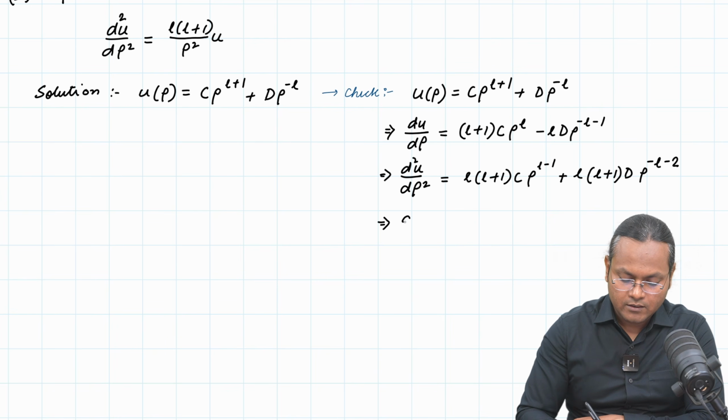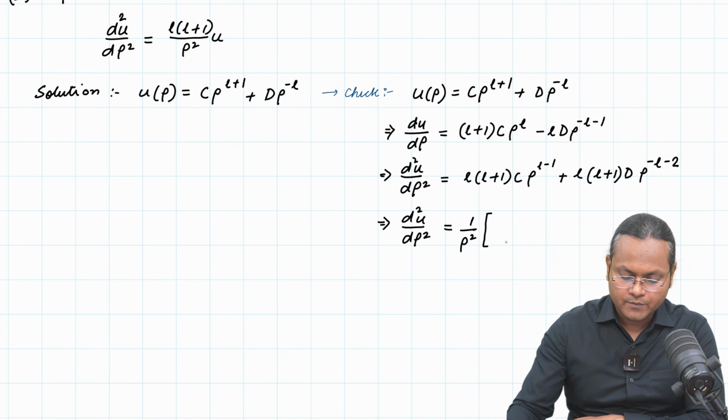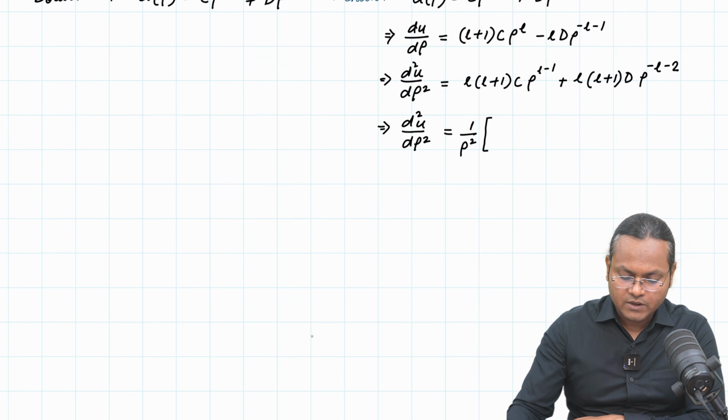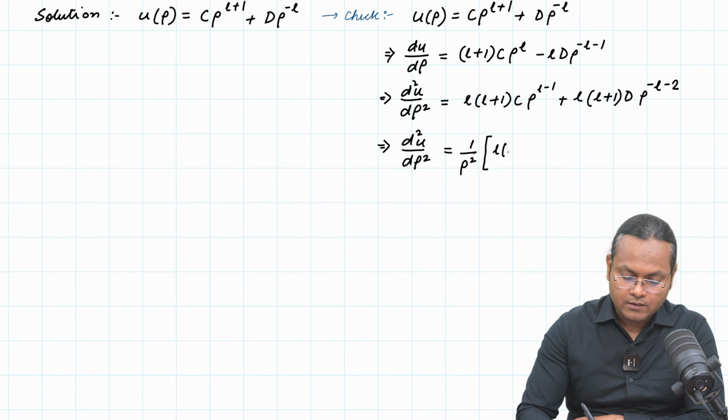If I take rho square common here, then for rho square common in the denominator, this term will simply become (l plus 1) C rho to the power l plus 1 plus (l plus 1) D rho to the power minus l.